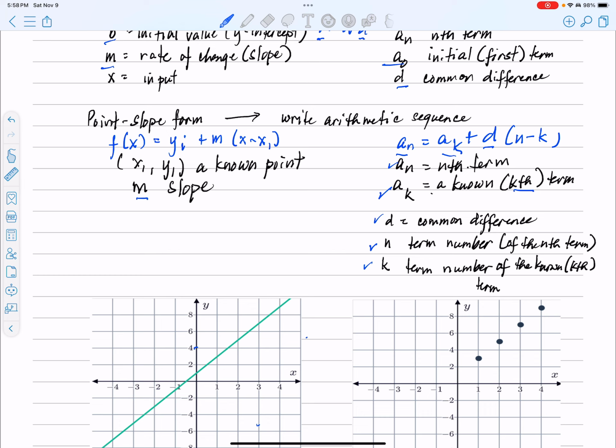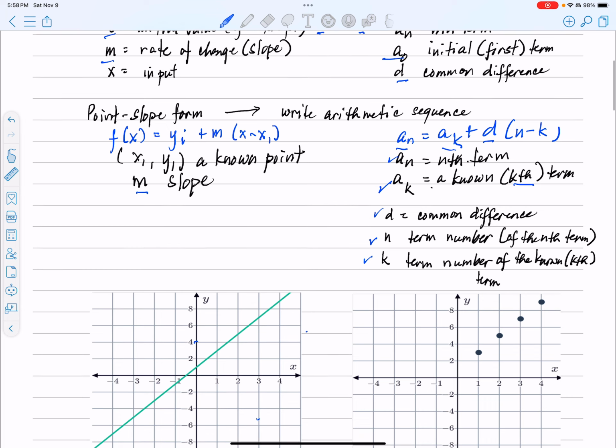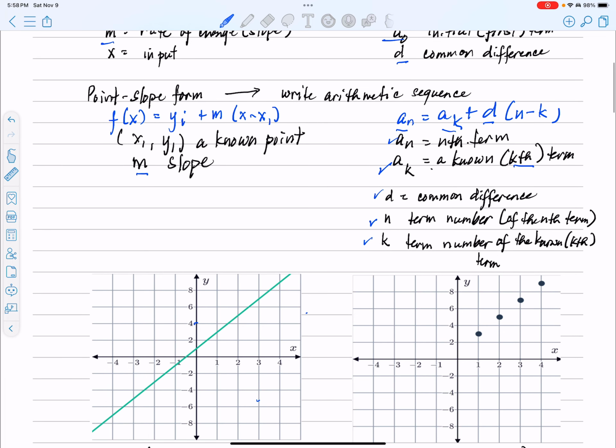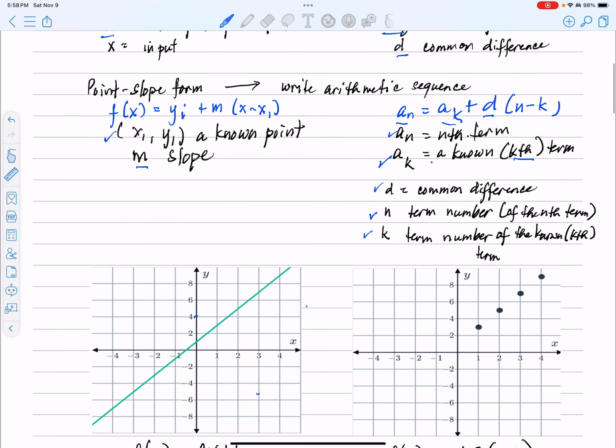That is where we can find the similarity. In a point slope, we have a known point, that's the coordinates, and m as the slope. While in arithmetic sequence, we have n minus k, that is the difference of the number of terms minus the k terms.